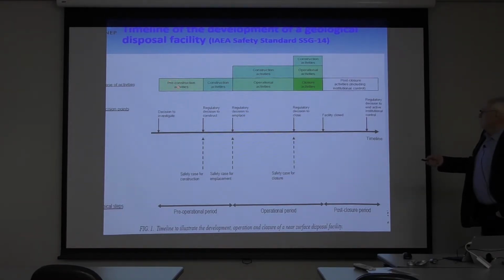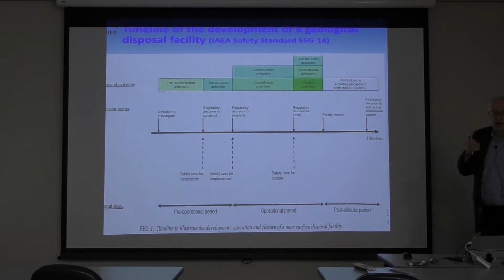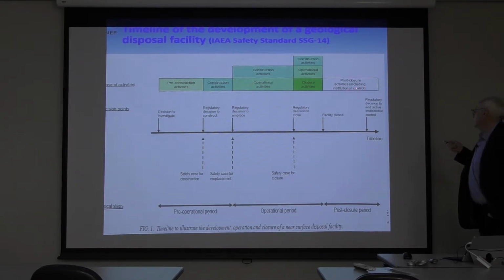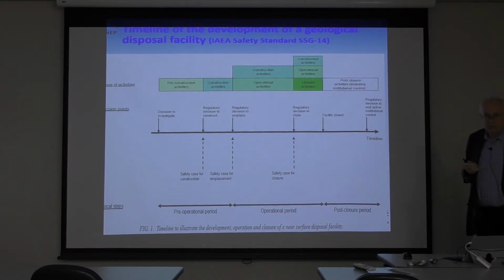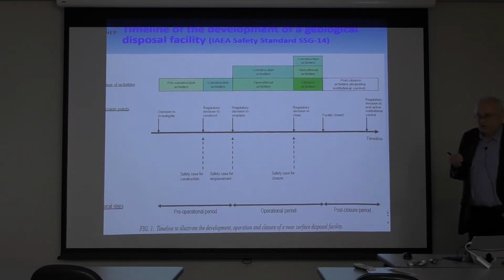And this shows the different activities, for example, pre-construction activities, construction activities, the operation, closing, and then the post-closing activities. And post-closing activities also include, at least for a limited time, some institutional control. On the long term, a disposal facility has to be designed such that no institutional control is needed.